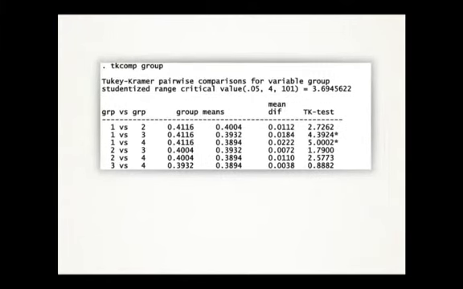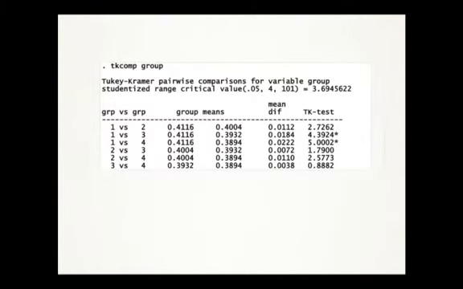So just to show you that STATA can pull off the others, here's the Tukey pairwise comparisons. That's the command tkcomparison. It's the Tukey-Kramer pairwise comparison for the full name. And so you can see here are 6 comparisons: 1 versus 2, 1 versus 3, 1 versus 4, 2 versus 3, 2 versus 4, and 3 versus 4.